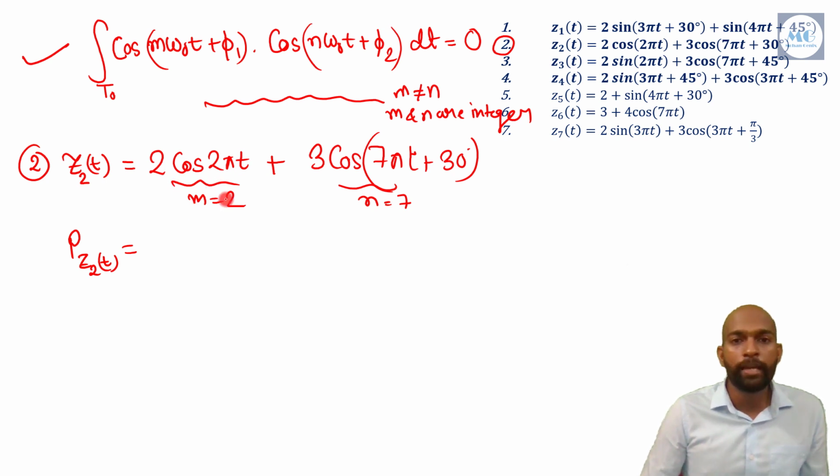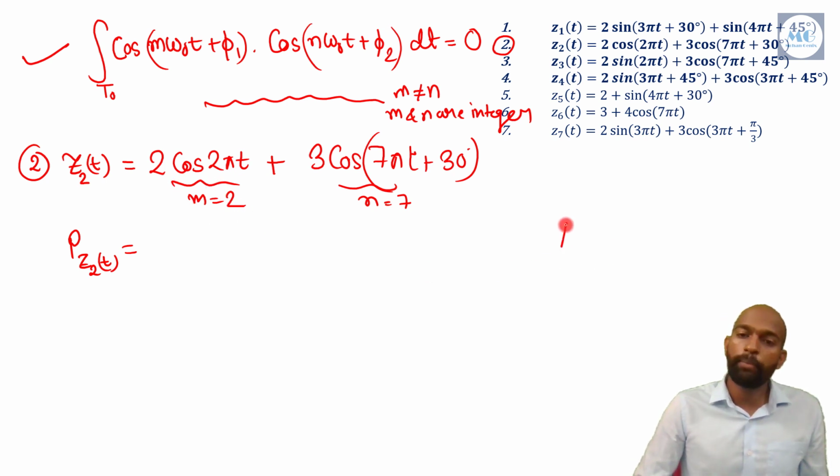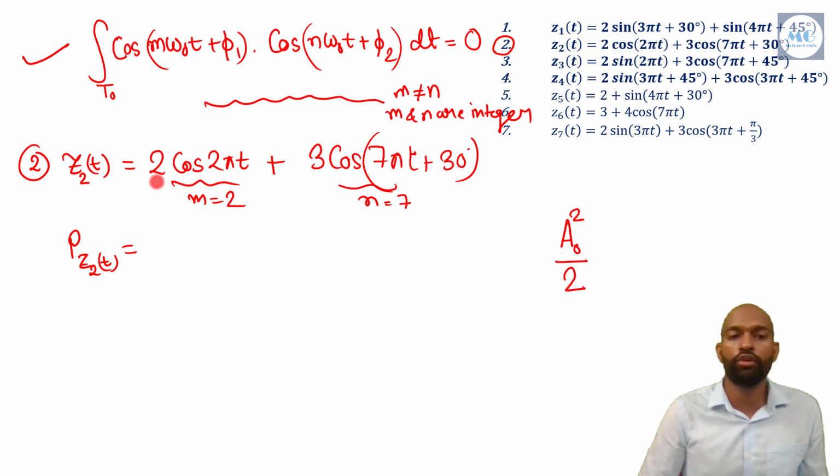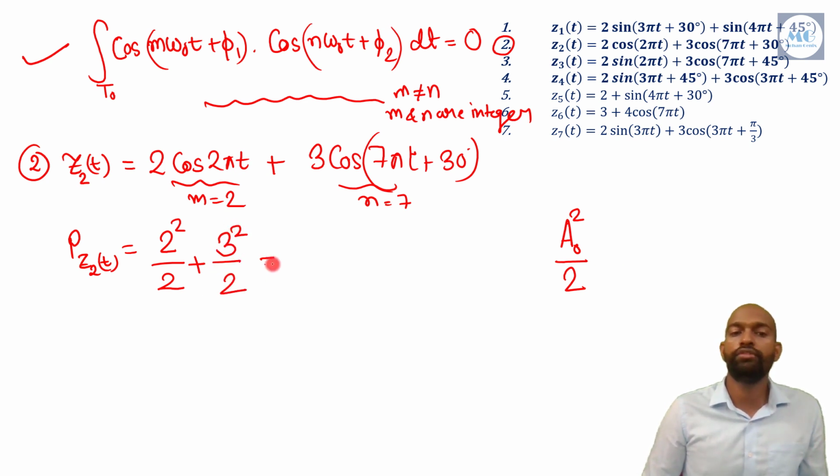Power of any cosine function is the same as sine function, that is peak amplitude square by 2, and its peak amplitude is 2, that is 2 square by 2, plus here what is the peak amplitude, that is 3 square by 2. It becomes 2 plus 9 by 2, that is equal to 13 by 2 unit.